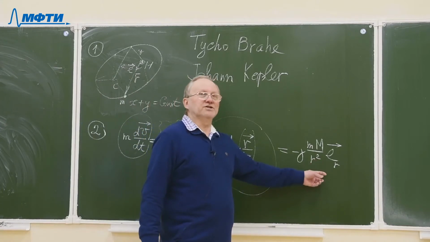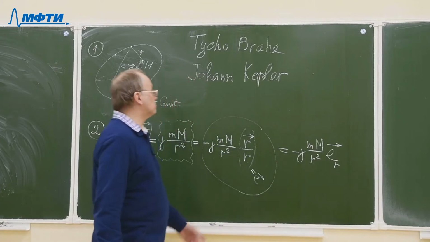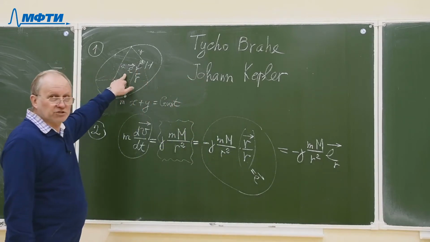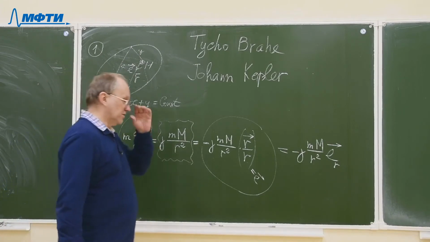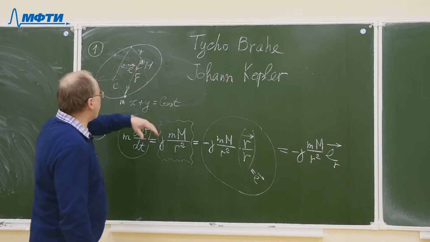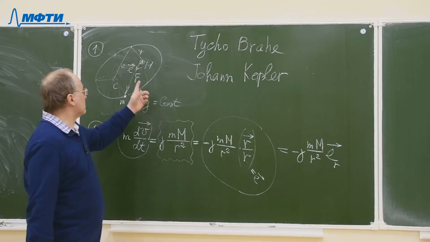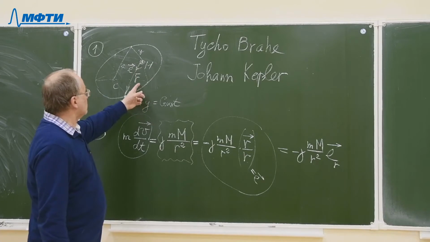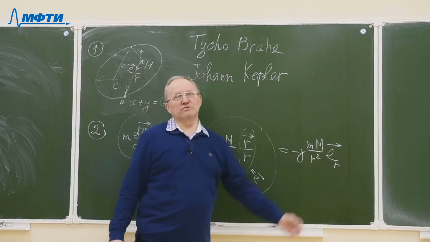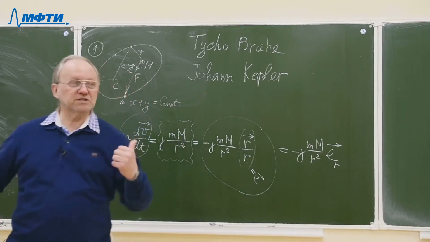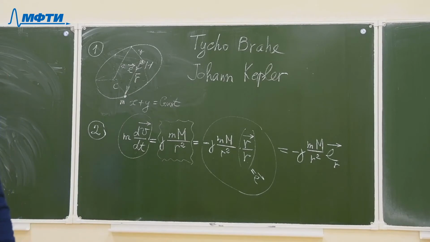And from this equation, from his law of universal gravitation, Newton succeeded to prove that planets should move along elliptical trajectories. Newton proved it. He obtained the trajectory of the planet's motion around the Sun, this curve, from his law of universal gravitation. But in order to do that, he had to develop the calculus.